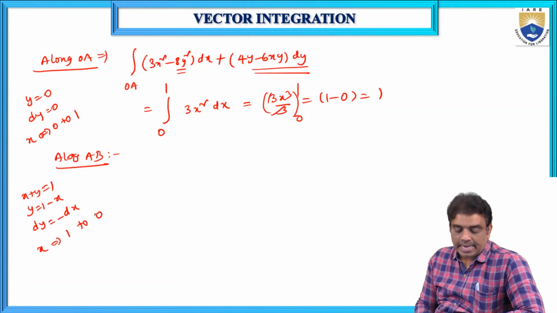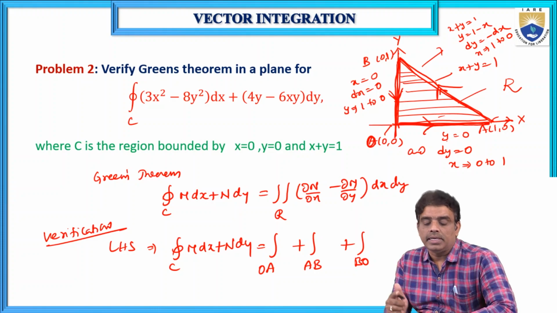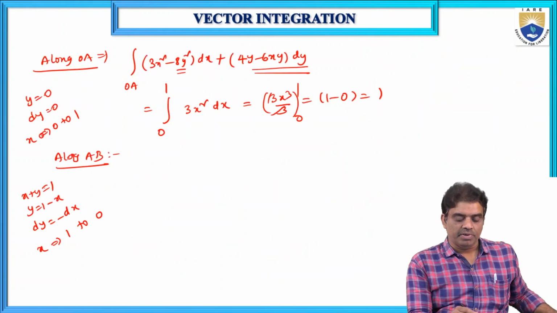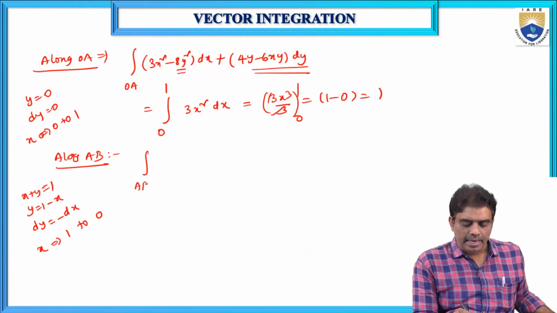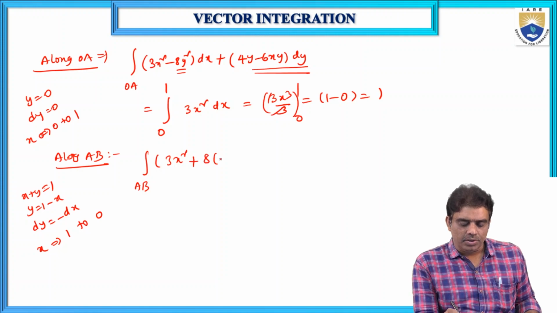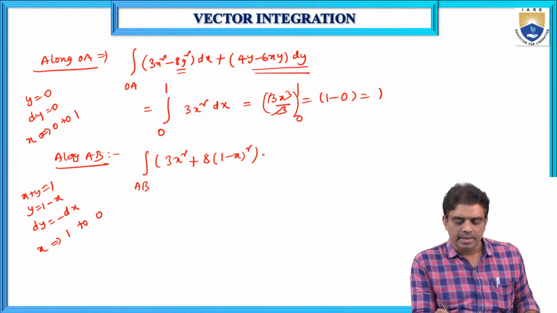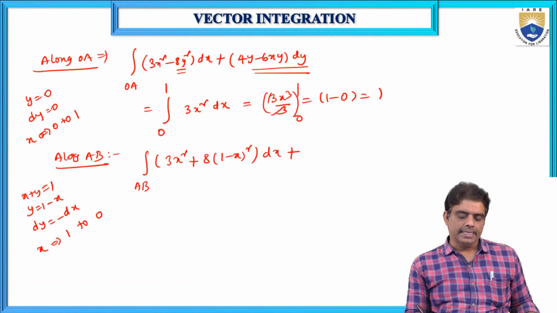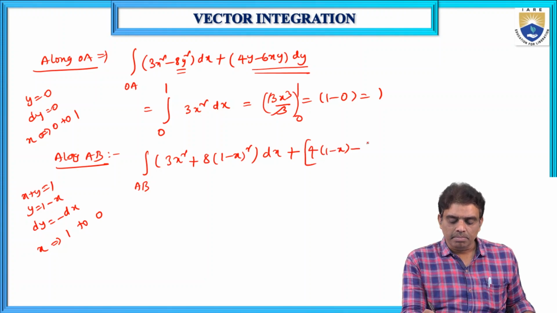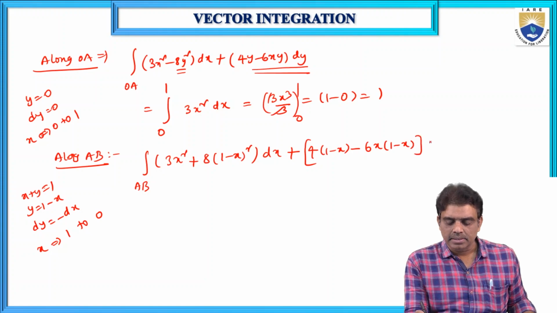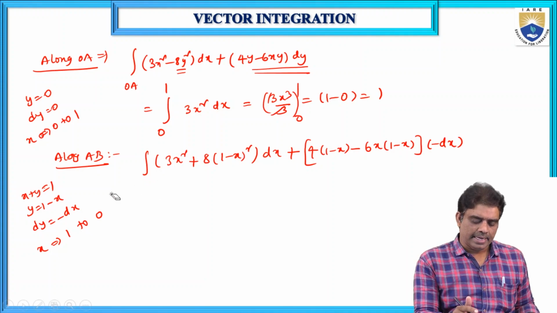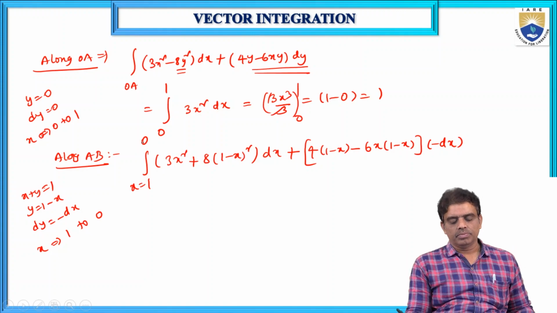Already I have seen in the diagram that x varies from 1 to 0, so I am writing it here. Therefore, the integral along AB is the integral of (3x square plus 8 into (1 minus x) whole square) dx plus (4 into (1 minus x) minus 6x into (1 minus x)) dy, where dy equals minus dx, and x varies from 1 to 0 along AB.